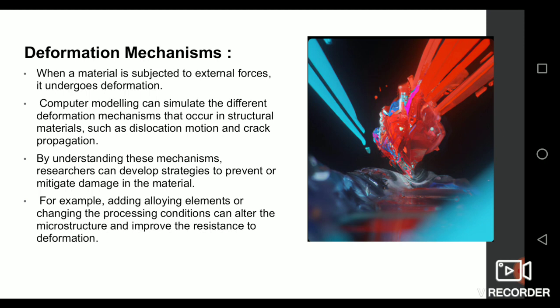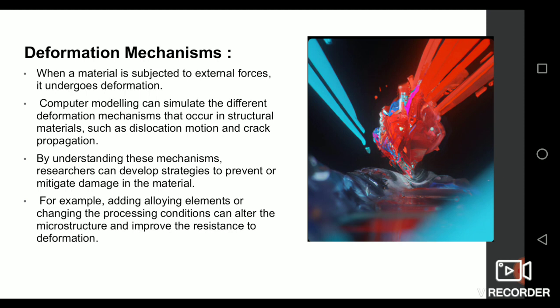Next, deformation mechanism. As you know, when we apply any type of force on a substance or object, as a result it will deform. Deformation is common everywhere. In other words, we can define it as the place at which we apply the force or load, and as a result we come across deformation.